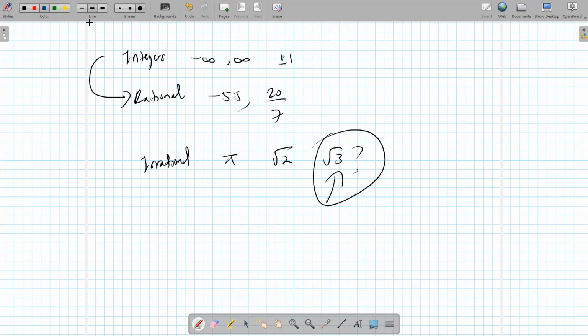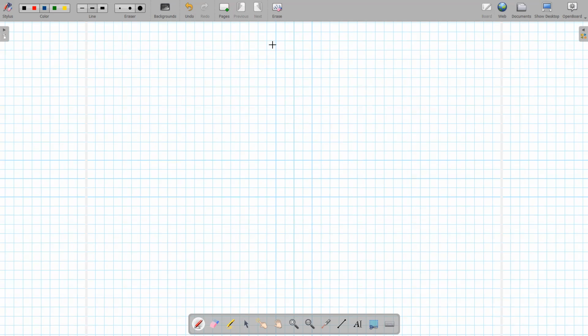Let's talk about some other random constants. You've seen pi many times, yeah? Pi is used in circles. There is another constant, which is called e, the natural number.